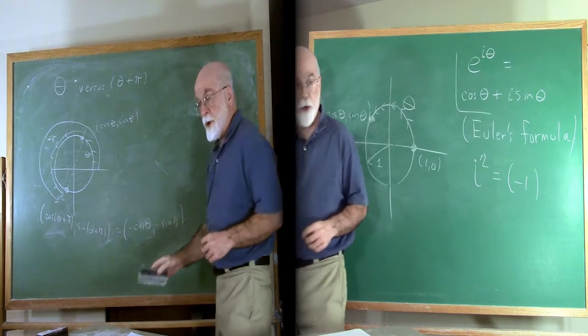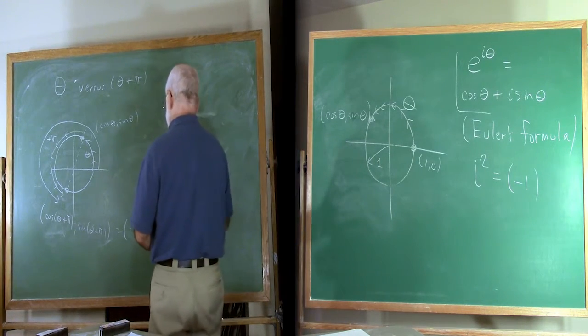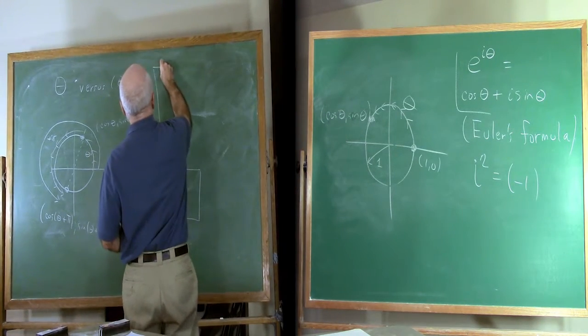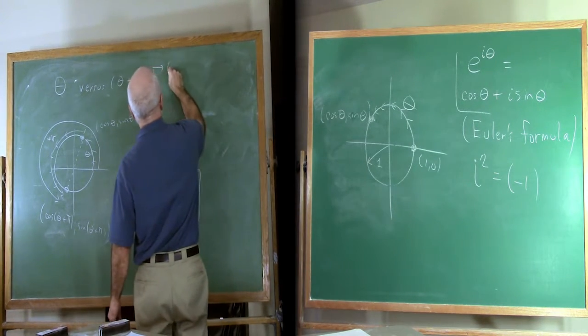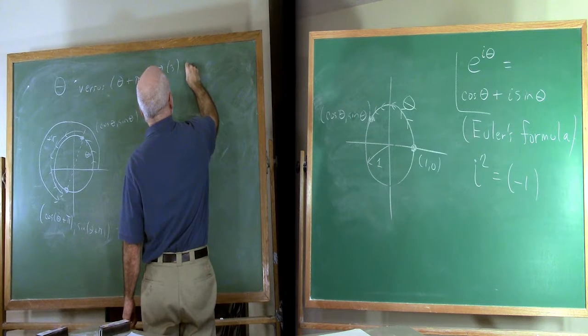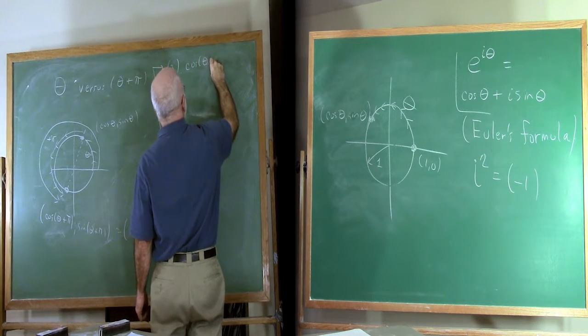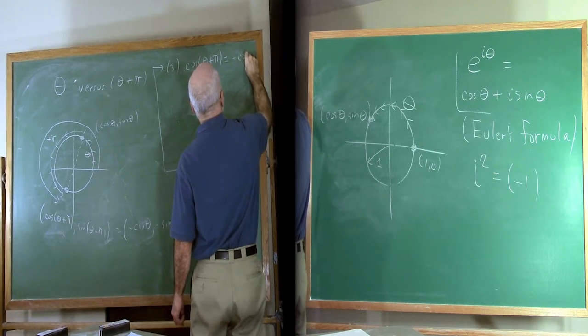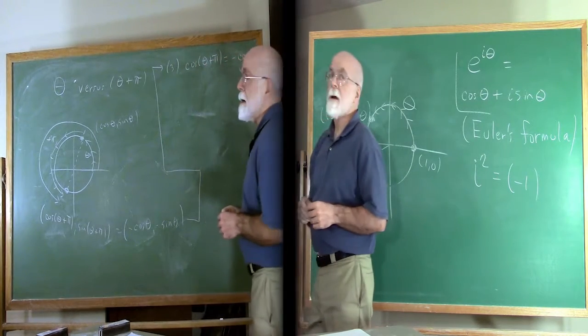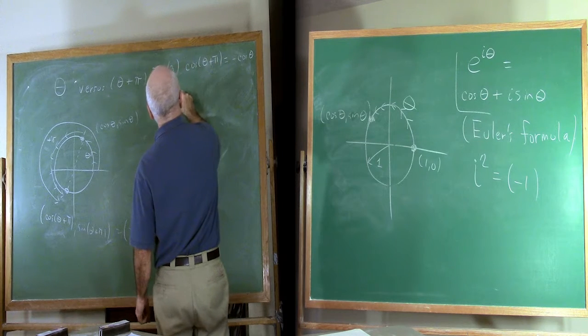Or, if you look at individual sines and cosines, that's formula 3. Cosine of theta plus pi equals negative cos theta. Likewise for sine.